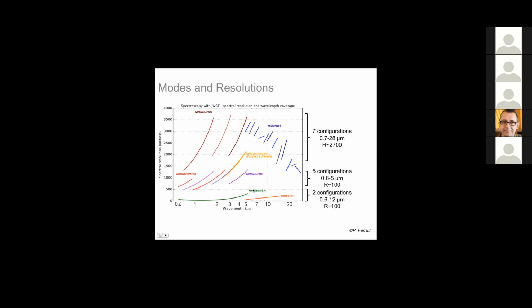Instead, if you're interested in a medium resolution spectrum, you can use the slits on NIRSpec via 3 configurations, but also the slitless option using NIRISS, the second and the first order, and also the NIRCam GRISM on the long wavelength channel. At the highest resolution, you can only use the NIRSpec and the MIRI IFUs using many more configurations. So this will cost you much more time if you want to access these types of resolutions.